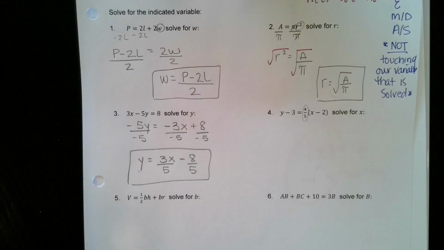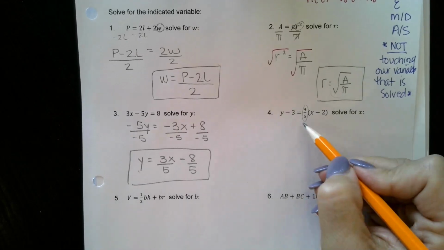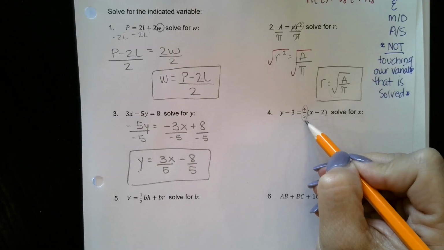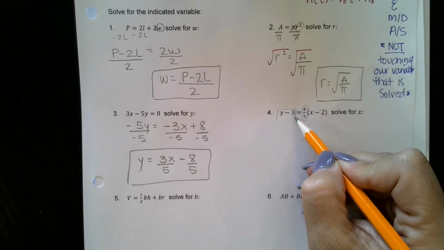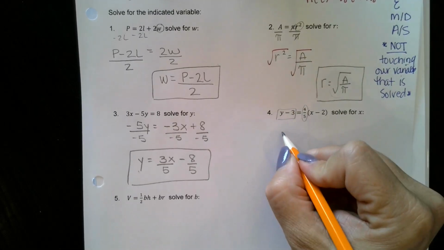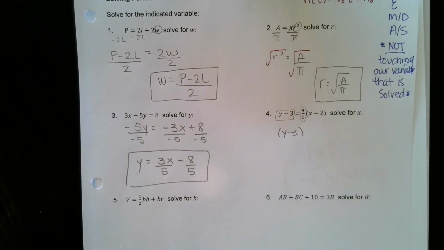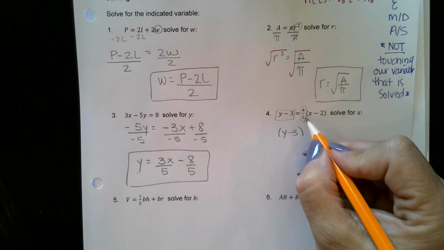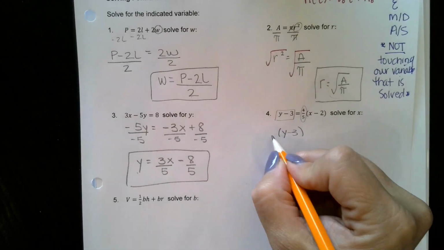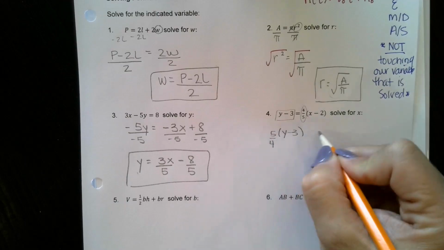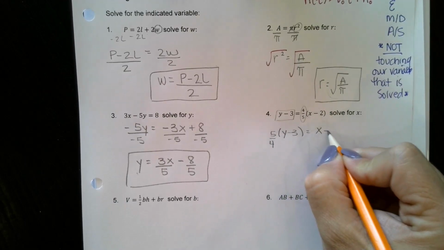For me to move that, I have to multiply the other side by the reciprocal, and I have to multiply the whole thing by the reciprocal. So what I end up having is y minus 3 on the left side, and I put that in parentheses because when I multiply this side by 5/4, I have to multiply the other side by 5 over 4 as well. And this gives me x minus 2.